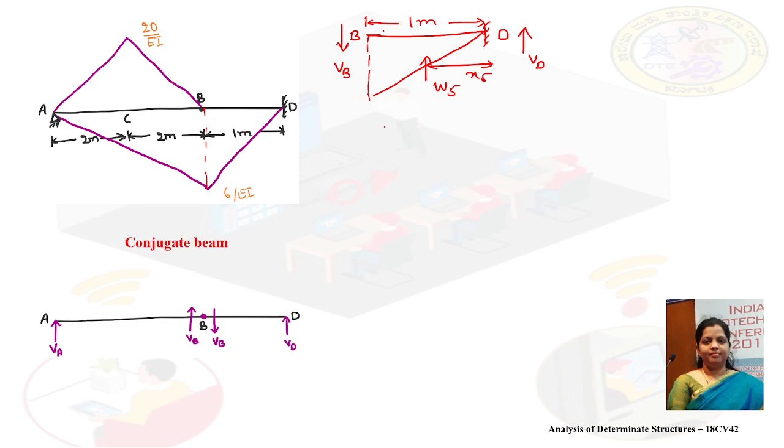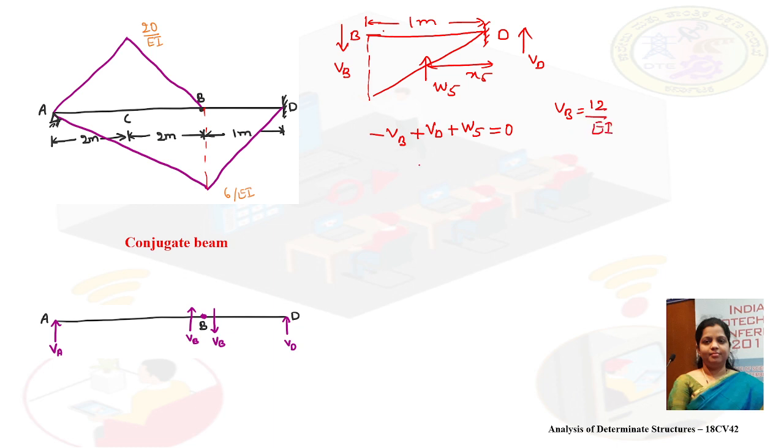Taking summation of the vertical forces, we will get minus VB plus VD plus W5, and this should be equal to 0. We already know that VB is equal to 12 by EI.